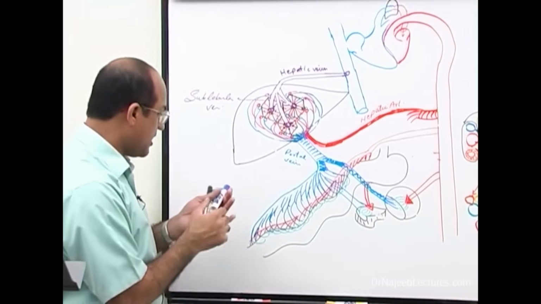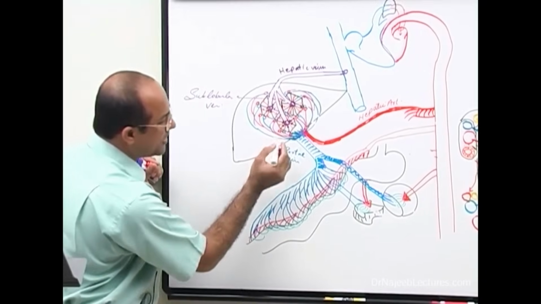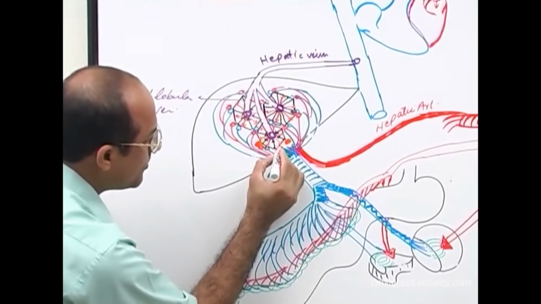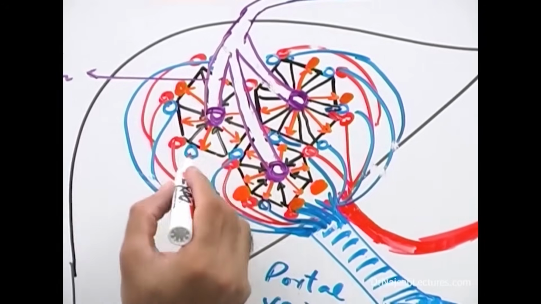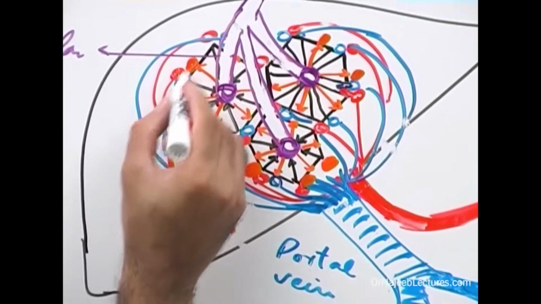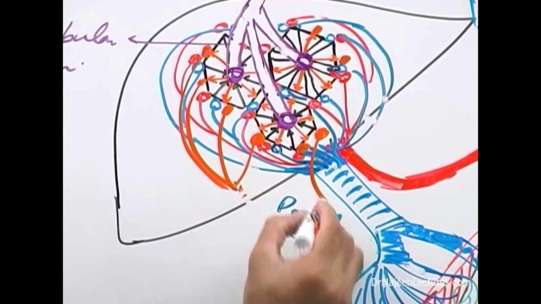Another thing. At the same time, we can see this bile system is draining in the periphery. So at every corner, what is this? Bile duct. And these bile ducts will also come together like this.